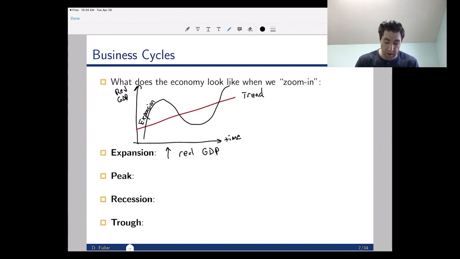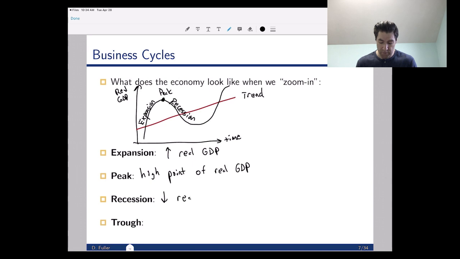We hit what we call a peak, which is the high point of real GDP in that cycle. Once we hit the peak, by definition, it has to decrease from there. The decreasing part is called a recession, decreasing real GDP. And then we eventually hit what we call a trough, which is the low point.